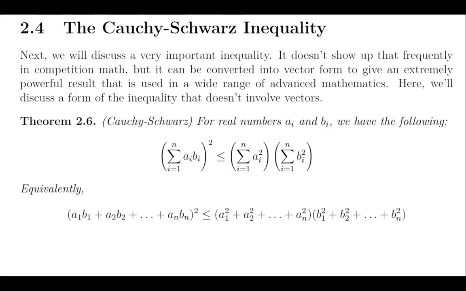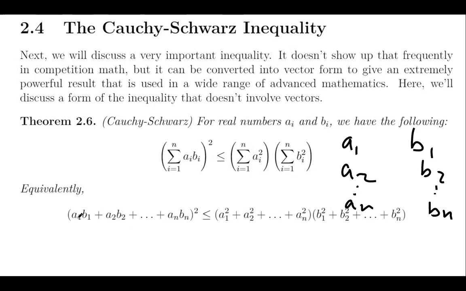So basically, we have two lists of numbers, A and B: A1, B1, A2, B2, all the way to AN and BN.